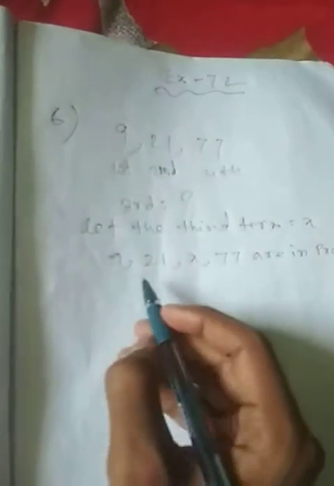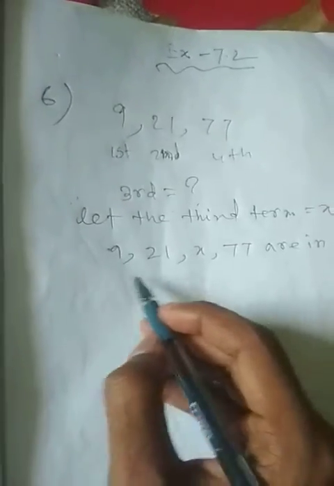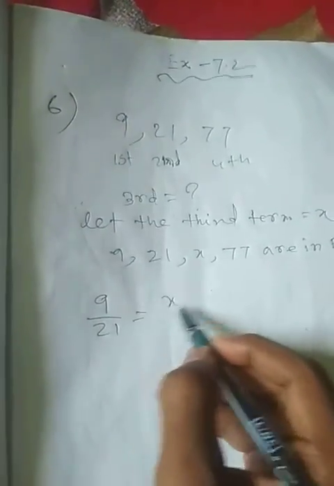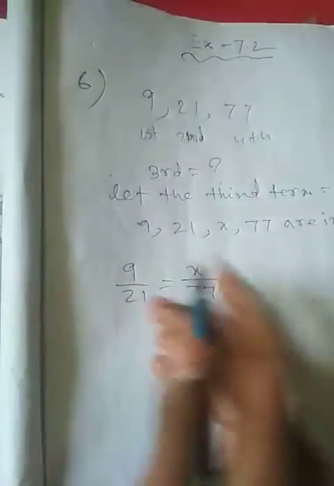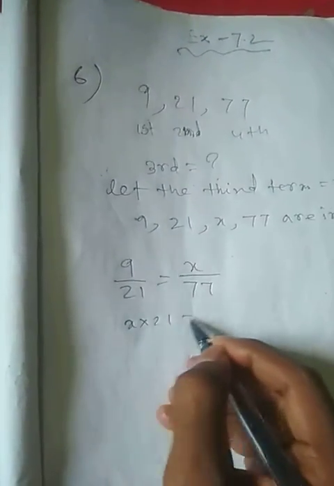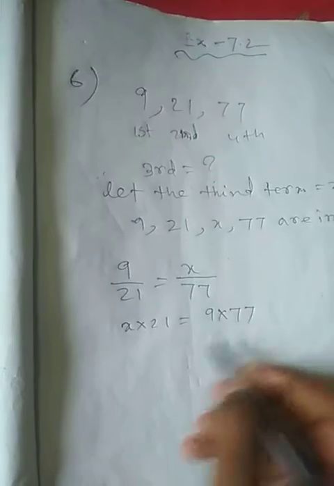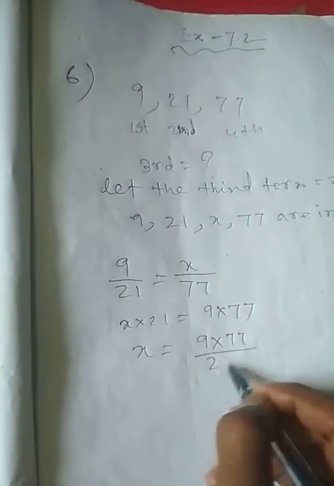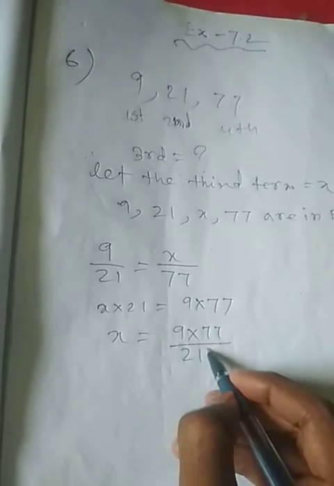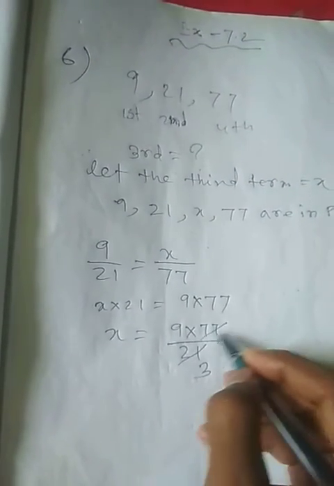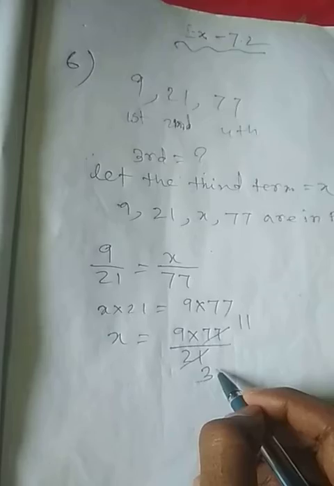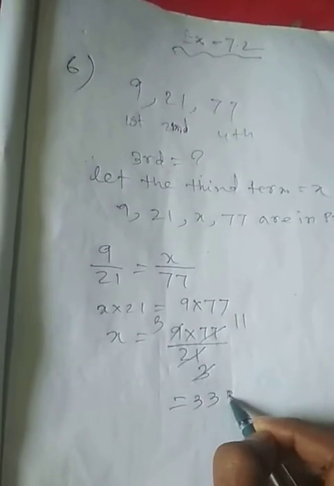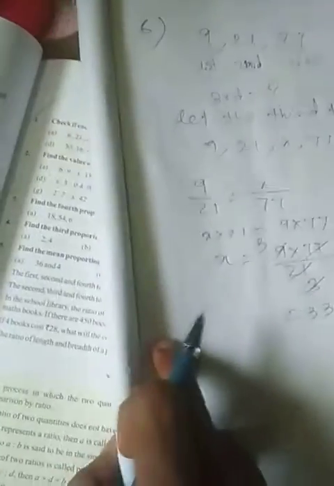We know that if the numbers are in proportion, we can say that 9 by 21 equals x by 77. So x into 21 equals 9 into 77. So x equals 9 into 77 by 21. Now 3 7s are 21, 7 11s are 77, 3 3s are 9. So the result is 33. So we got the third term equal to 33.